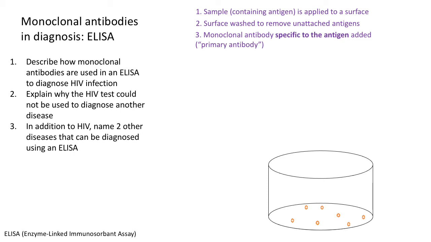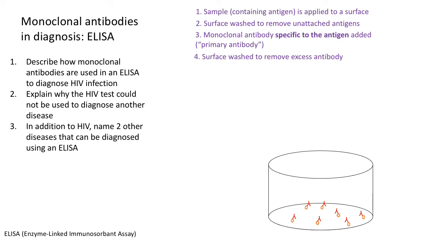This is the first use of the monoclonal antibody in this ELISA. So one that is specific to the antigen. So in this case, HIV. This is sometimes called the primary antibody, and that will bind. The next step. So any excess antibodies are washed away, only the antibody that's bound to the antigen is left.